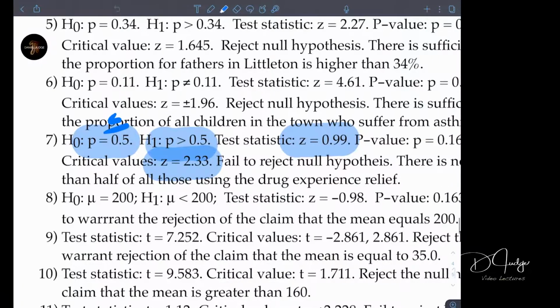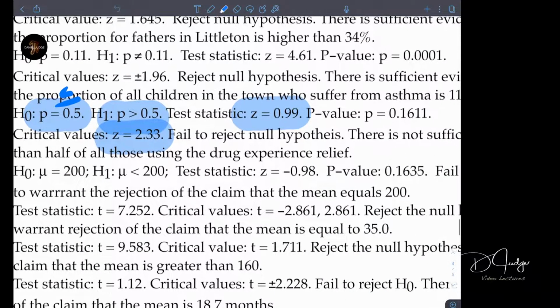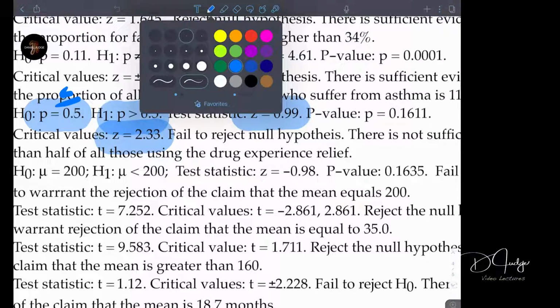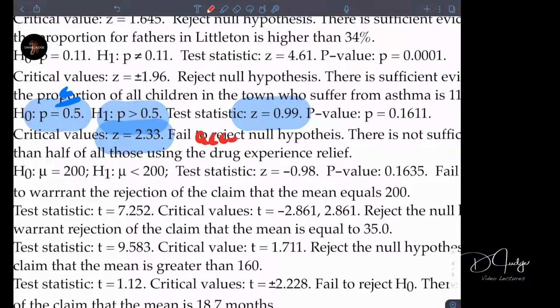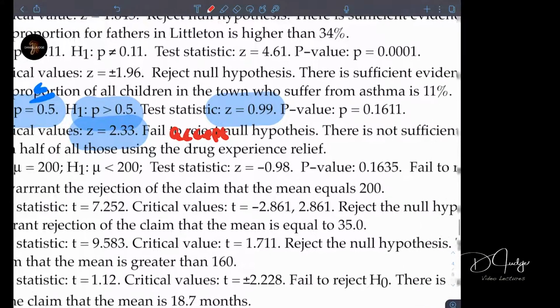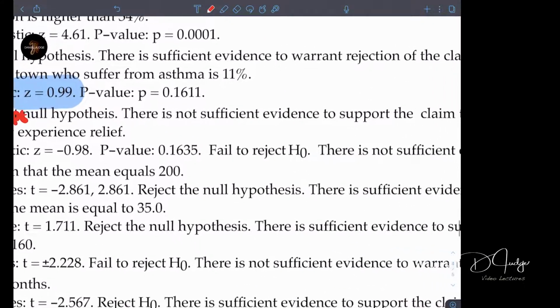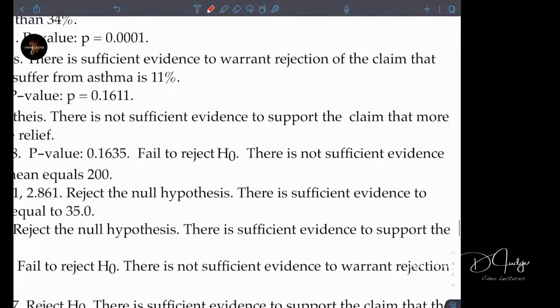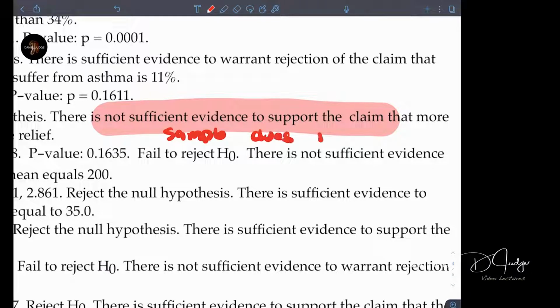So far, so good. Fail to reject the null. We are accepting the null. We said that. And there is not sufficient evidence to support the claim. That's like saying the sample does not support the claim.